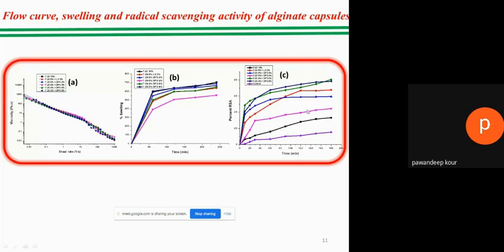Now, when we used it for scavenging DPPH free radicals, we observed that different types of capsules showed different trends in scavenging the free radicals. That means in a single entity, we incorporated LCPUFA, we protected it, and by making its capsules, when we released quercetin from it, it played a wonderful role in scavenging the free radicals as well.